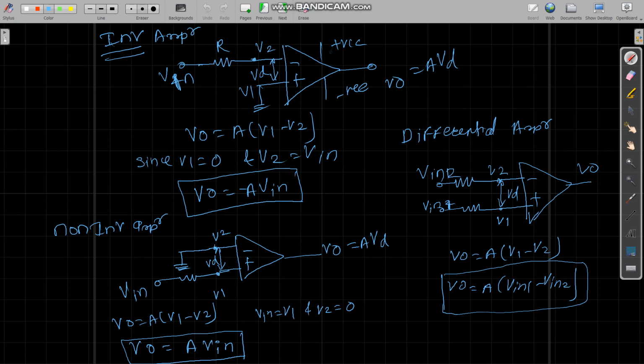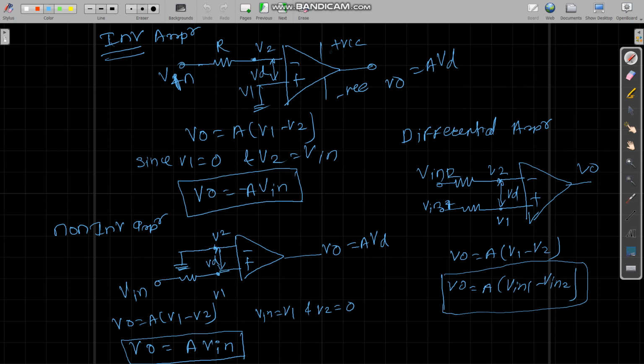As I said earlier, whenever a sinusoidal input signal is given to the negative terminal of the op-amp, we call it an inverting amplifier. As you can see, the Vin is given to the inverting terminal of the op-amp through the resistor, and the positive terminal of the op-amp is connected to the ground.